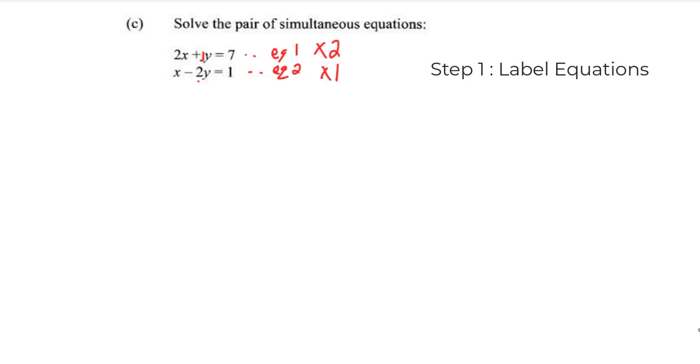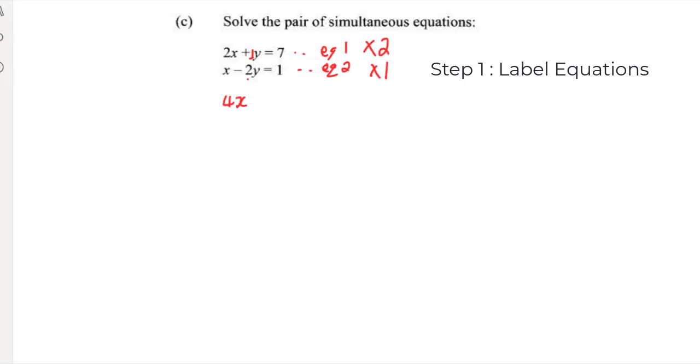Alright, so now we're going to simplify. 2 times 2x, we have 4x, plus 2 times y, we have 2y, 2 times 7, we have 14. Now 1 multiplied by the equation, you get back the same equation.